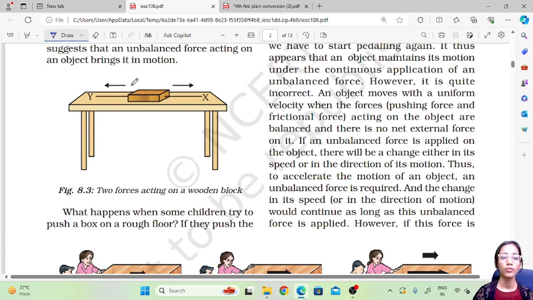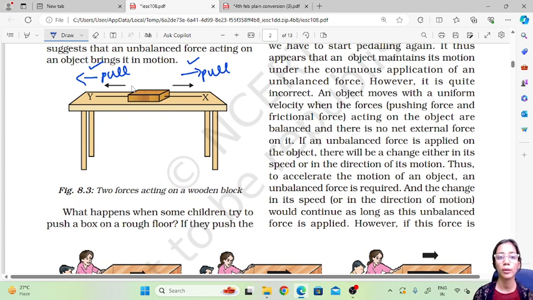Now one person is pulling the X string from this side and one person is pulling the Y string from this side. If the pull on both the sides is equal, then the force will be balanced.